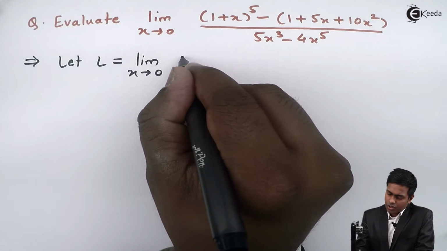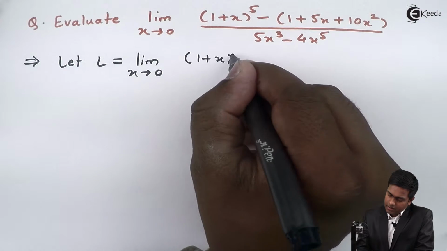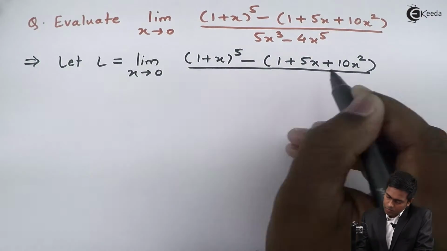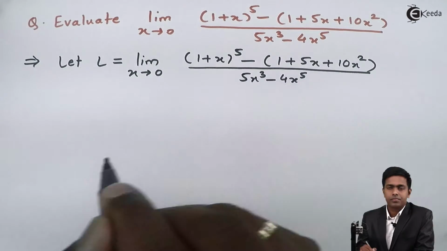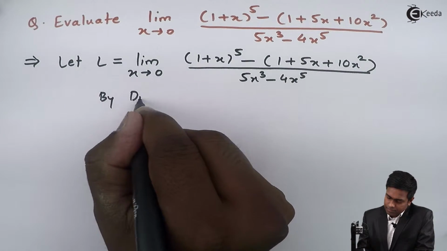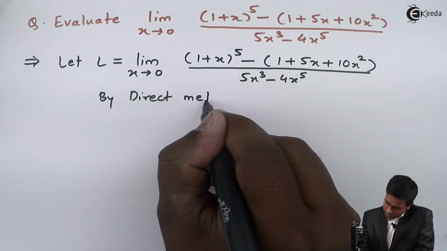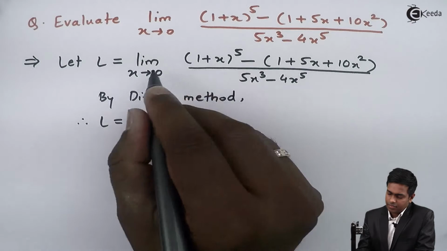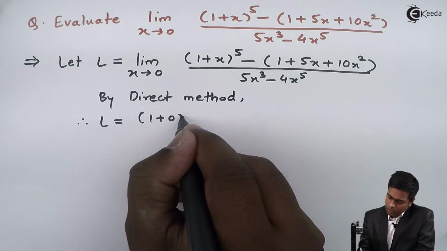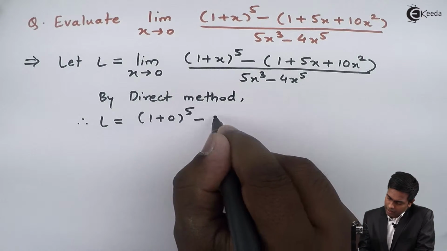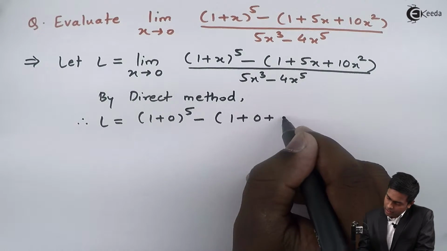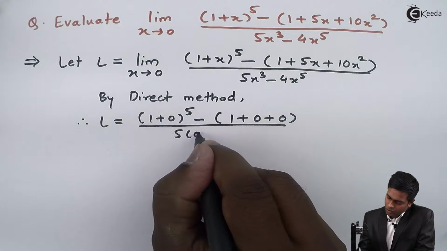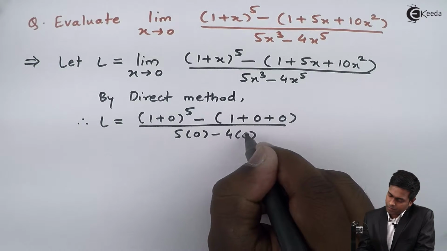that is, limit x tends to 0 of (1 plus x) raised to 5 minus (1 plus 5x plus 10x square) upon 5x cube minus 4x raised to 5. Now by direct method we'll get L as (1 plus 0) whole raised to 5 minus (1 plus 0 plus 0) upon 5 into 0 minus 4 into 0.